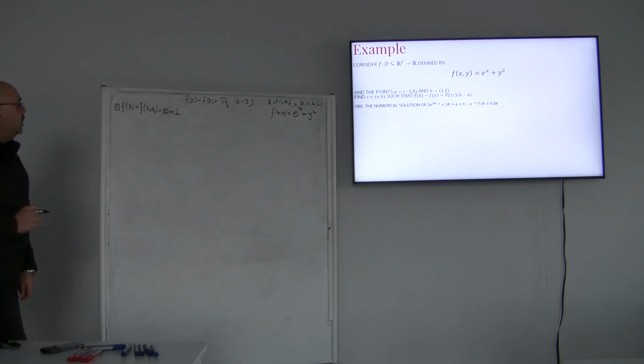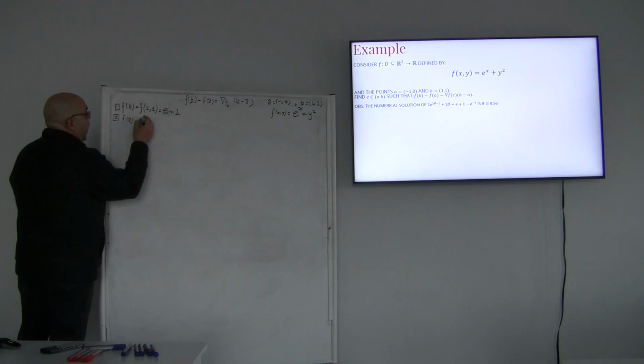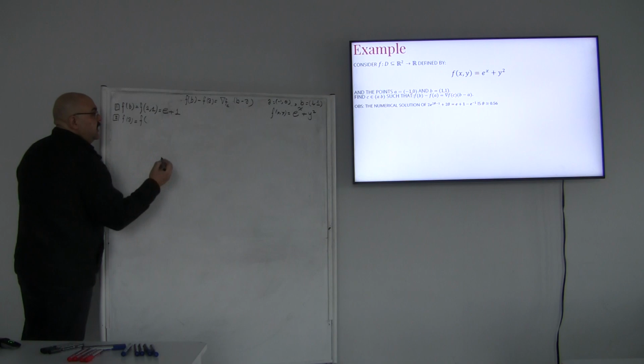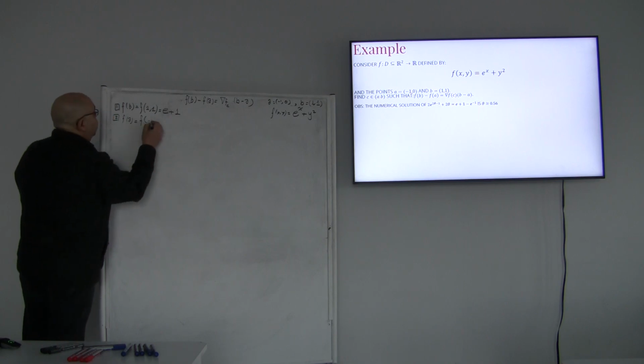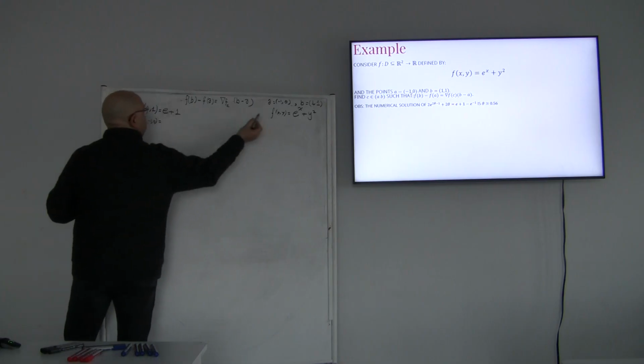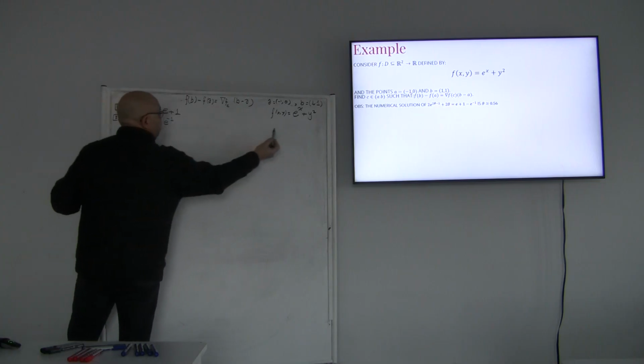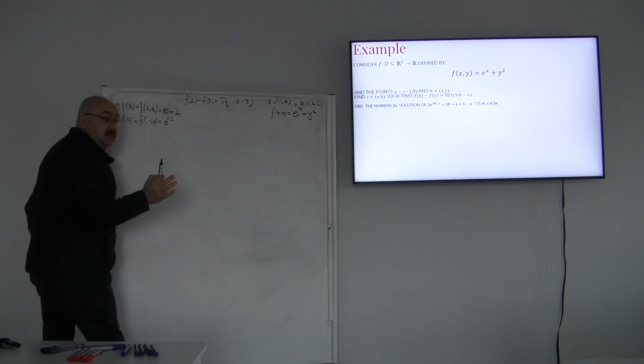All makes sense. In the same way, I will go for f of a. Now I will get the value of this function at the second point. What's the second point, please? -1 and 0. So I will make this substitution in this function. It's going to be e to the power of -1 plus 0 to the power of 2, and 0 to the power of 2 is 0.